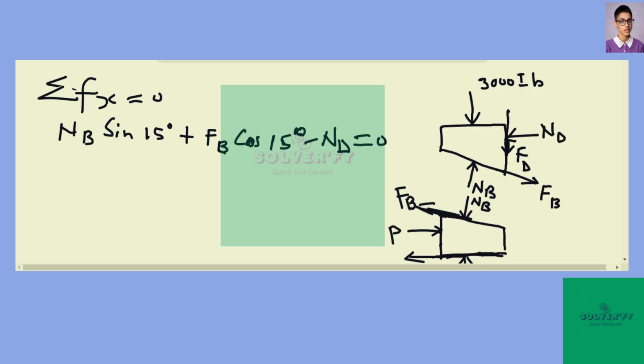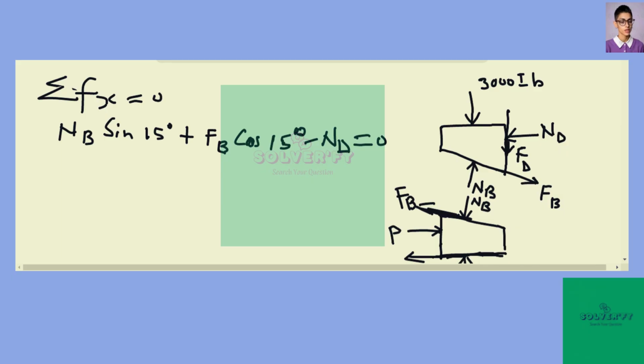When we plug in all our values into this equation, of course mu is given, that's the coefficient of static friction for the different surfaces that are contacting each other where friction is taking place. They are given.